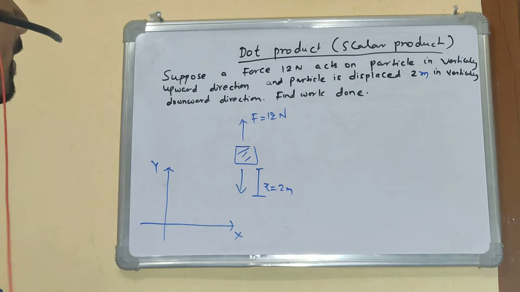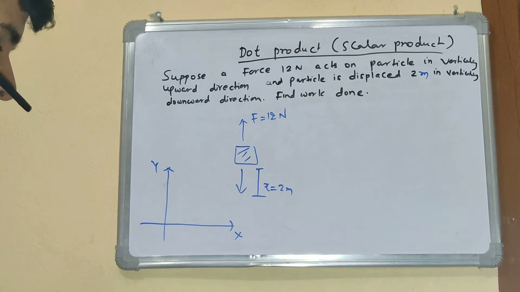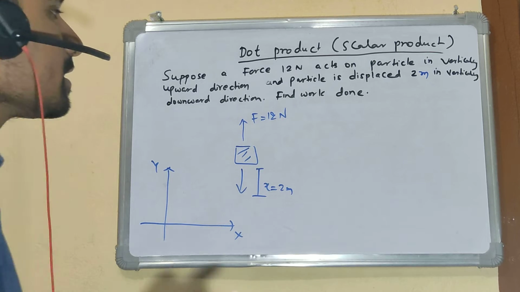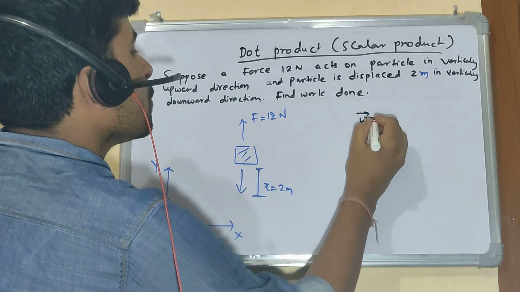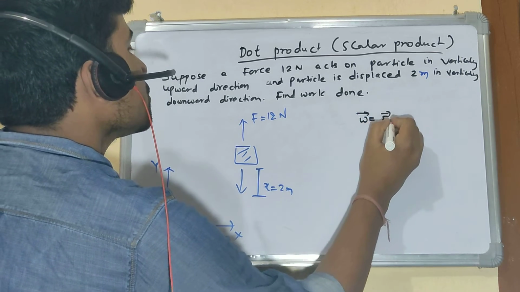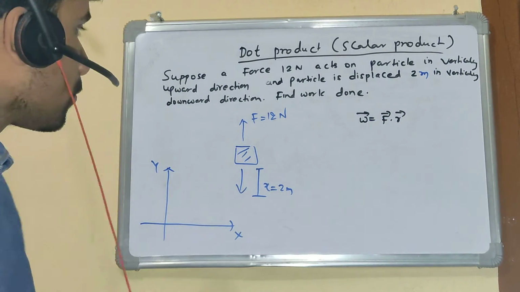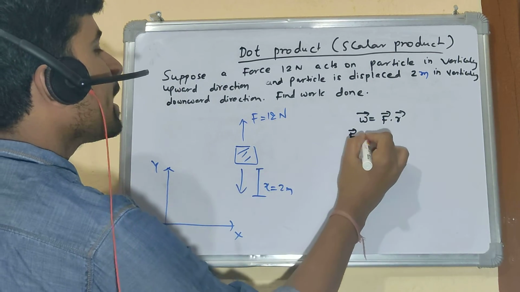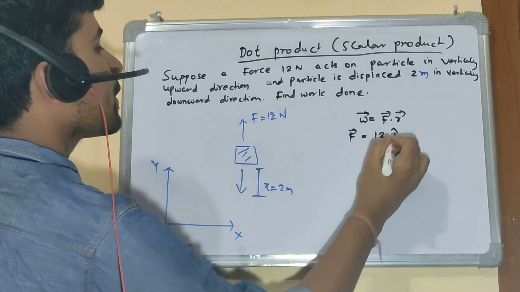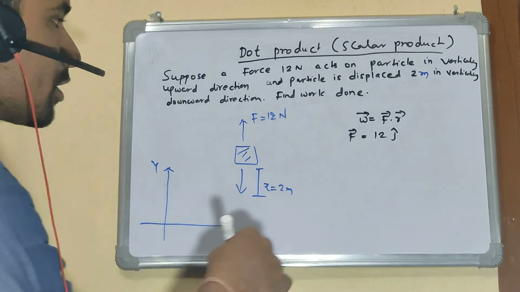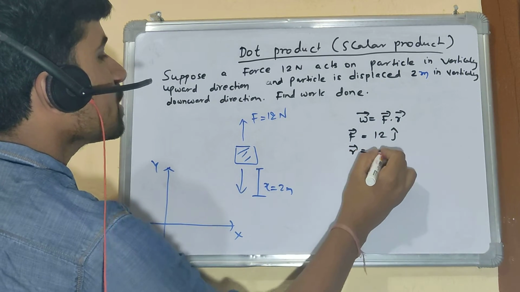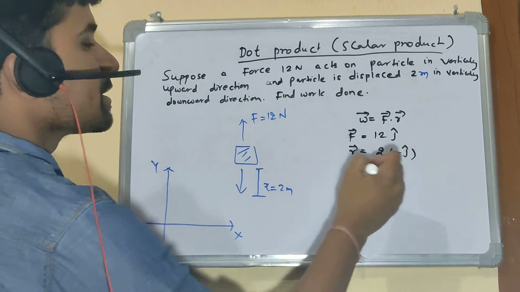I need to find what is the work done, right? We just talked the work done is nothing but the dot product of force and displacement, right? If I write force in vector form, can I write it like that? F vector is equal to 12 j cap. And what about displacement? Displacement vector is nothing but 2 times minus j cap, since it is in the negative y.